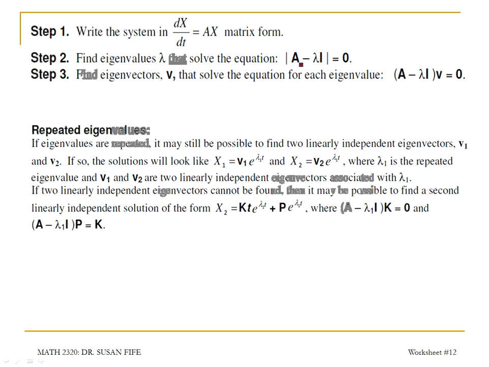We have the determinant of our coefficient matrix A minus lambda times the identity matrix, which subtracts lambda across the diagonals, is equal to 0. The solutions to that will give you eigenvalues. And then you use those eigenvalues to find vectors that solve the equation A minus lambda I times some vector V is equal to 0.